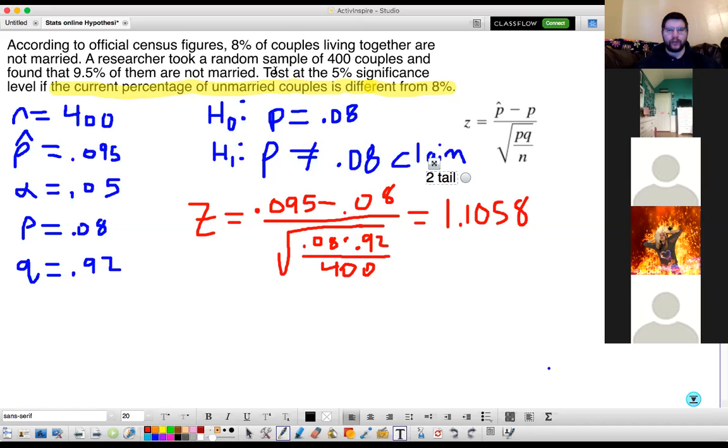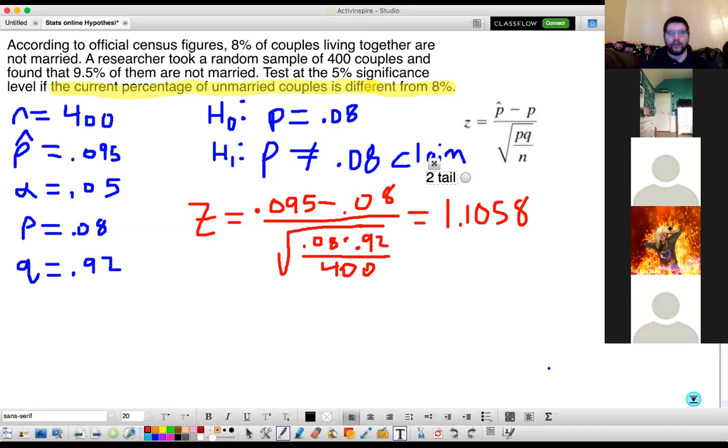How do we know it's a two-tail? To determine your tails, what do we always look at to determine what kind of tail we have? Anybody? Alpha. Okay, no, not alpha.